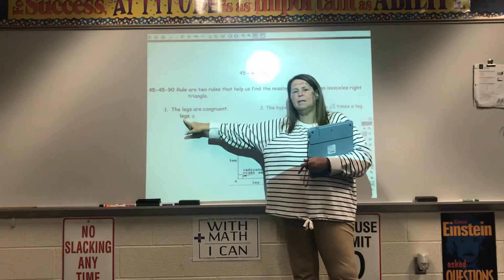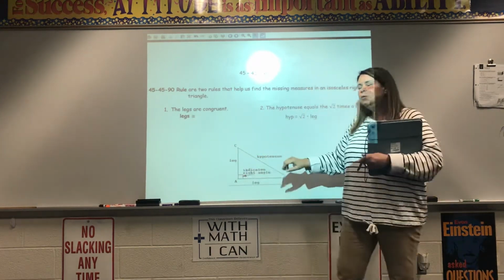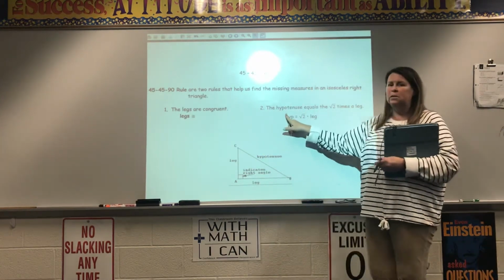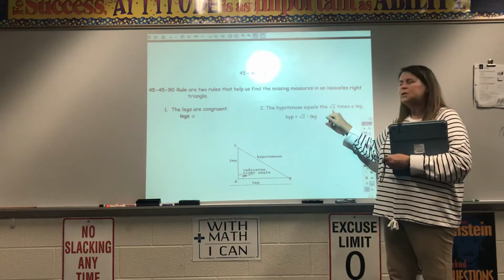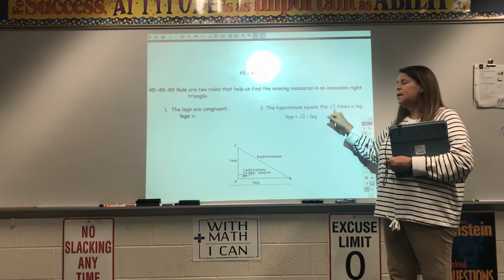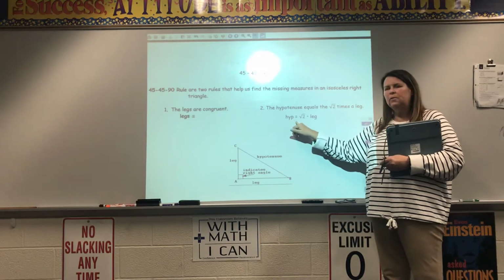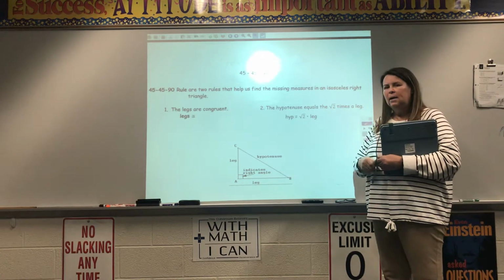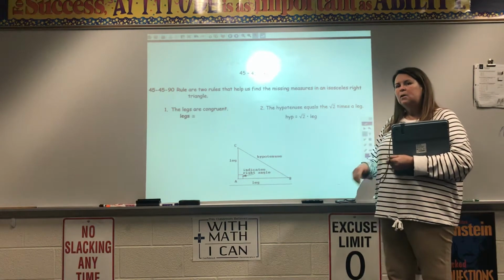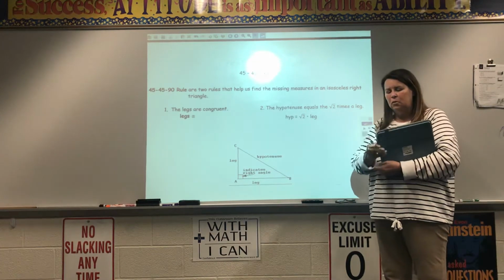I abbreviate this simply as legs congruent. If you need to find the hypotenuse, your hypotenuse will be equal to the square root of 2 times one of the legs, or hypotenuse equals rad 2 times a leg. As I said, first period, you might want to pause right here and copy down these two rules.